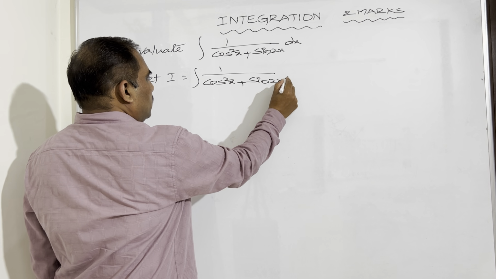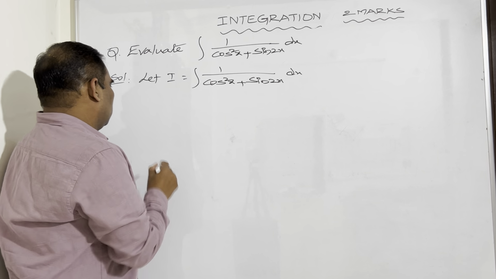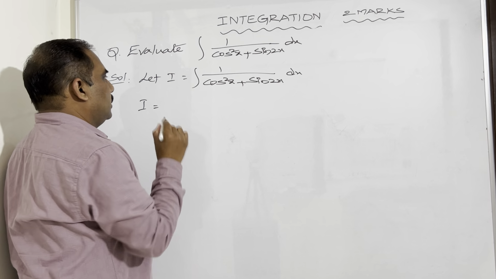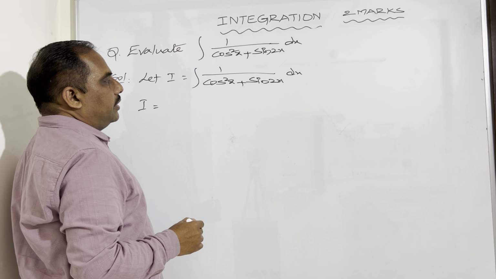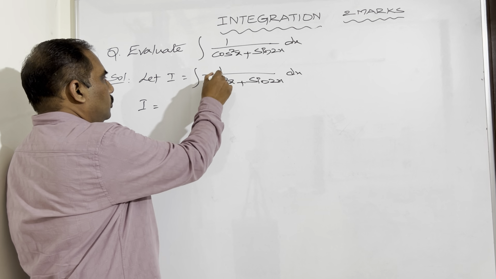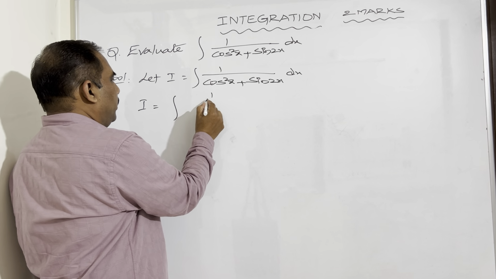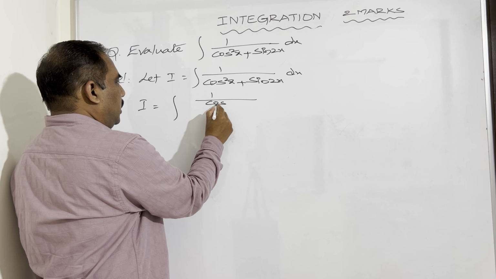So now I is equal to integral, numerator and denominator divided by cos square x.